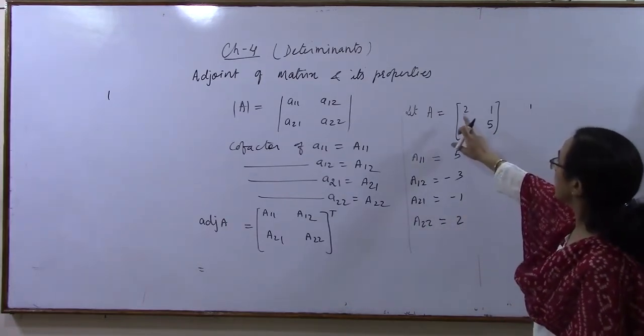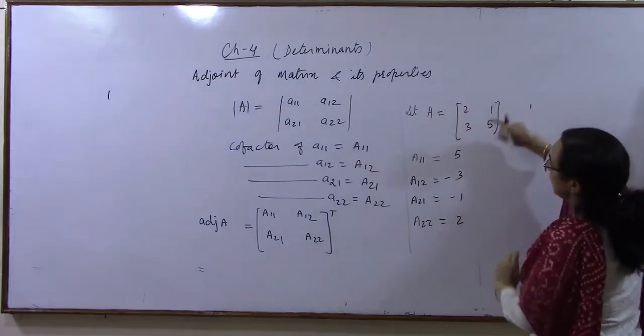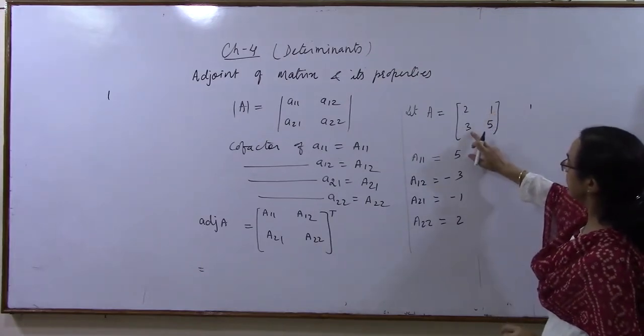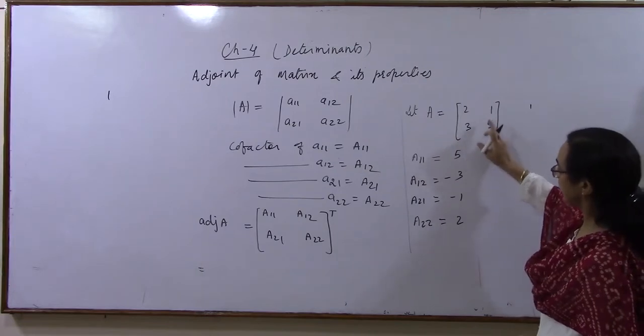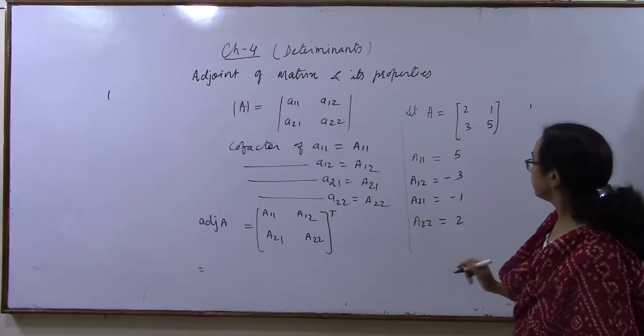Again, the cofactor of this element is 5. The cofactor of this element 1 is minus 3. The cofactor of this element 3 is minus 1 and the cofactor of 5 is 2.